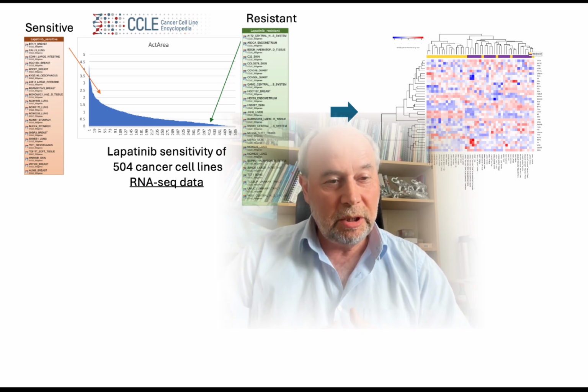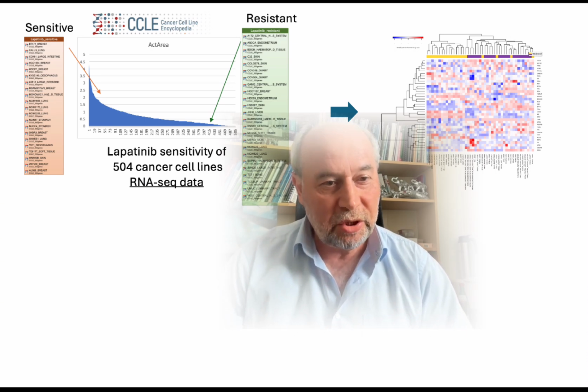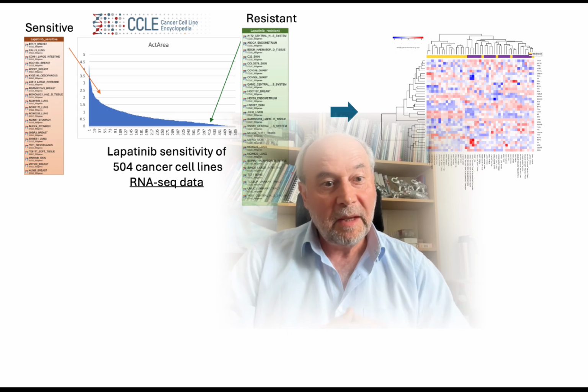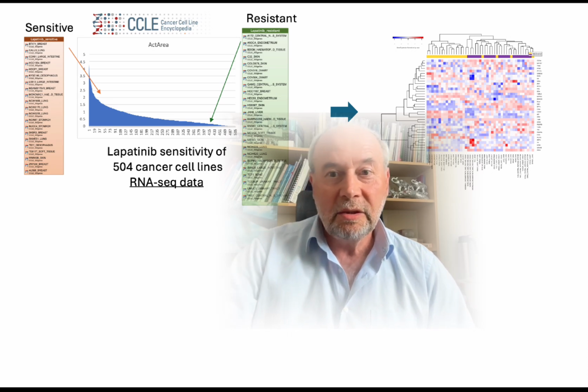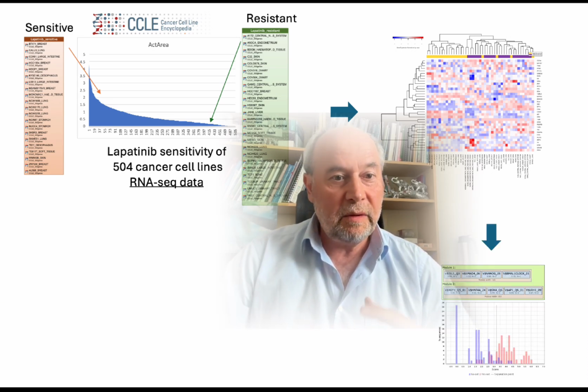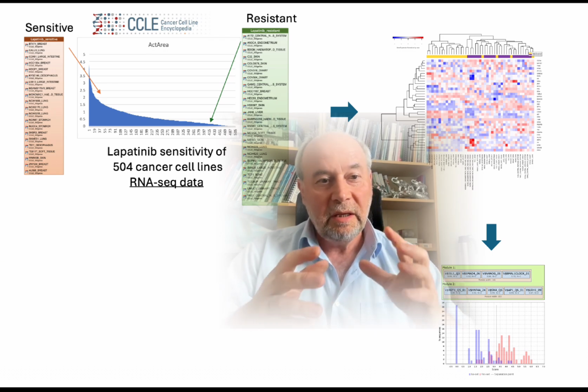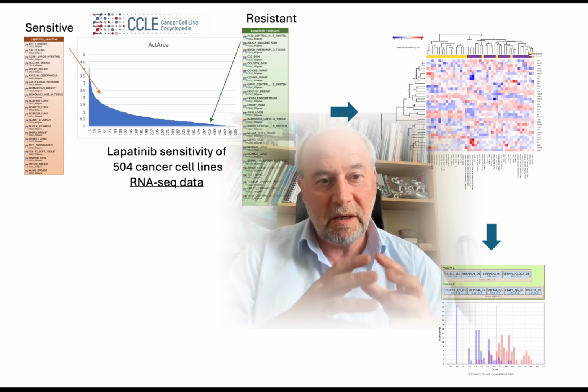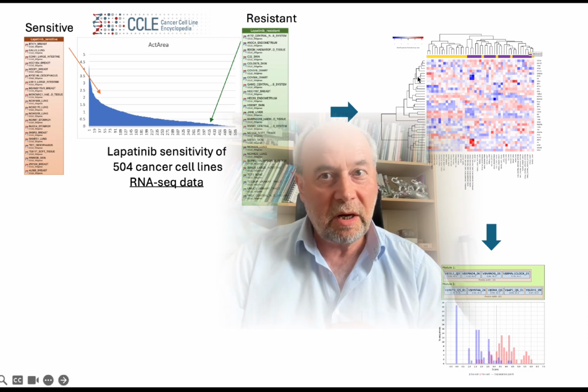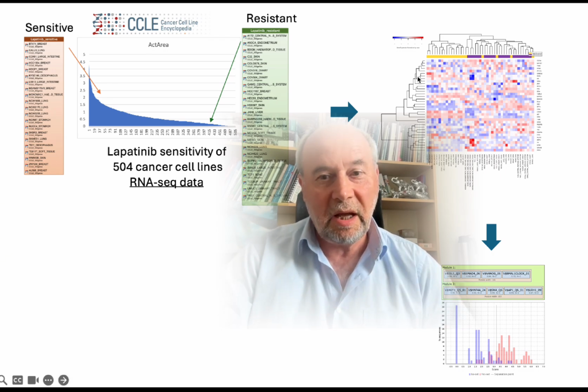We wanted to know those genes which are upregulated in sensitive cell lines. Then we ran this search for transcription factor clusters in the promoters of those genes which are upregulated in sensitive cell lines.